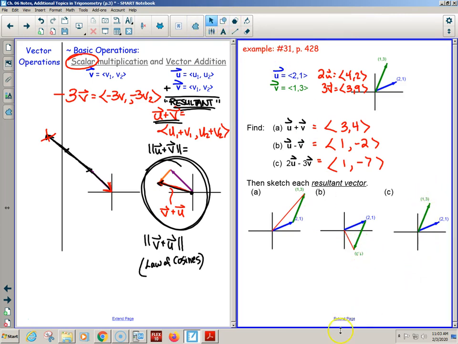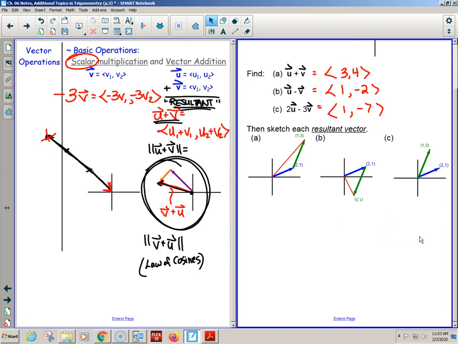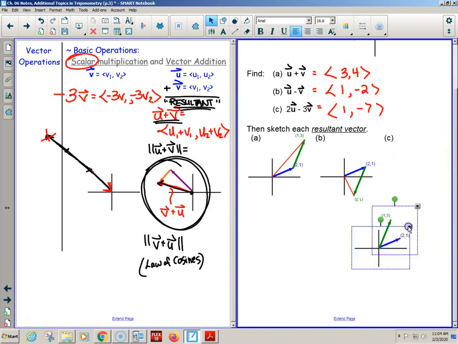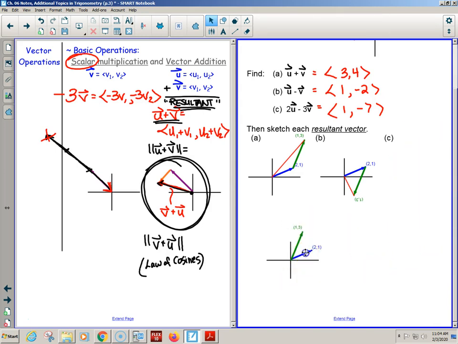And this last one, oh man, this last one's going to be a beast because this last one needs 2 or double U, which I could do. I would just need to have him be twice as long as he normally is. Then I need him to be 3 times as long as he normally is: 1, 2, and then another one, 3.